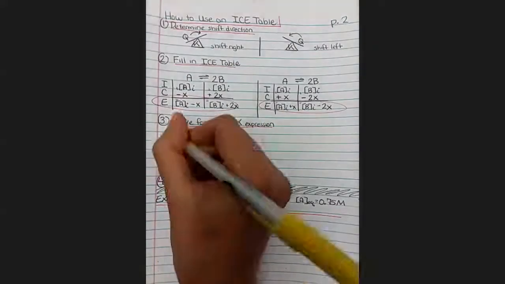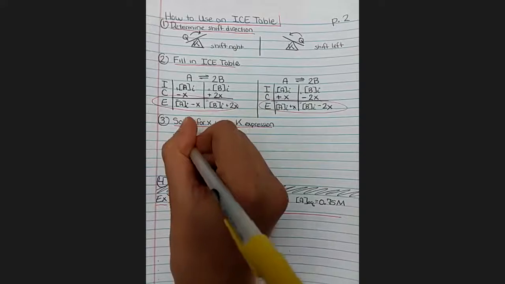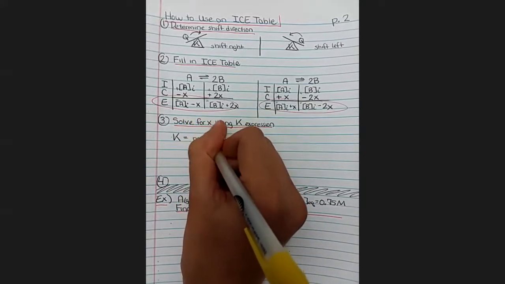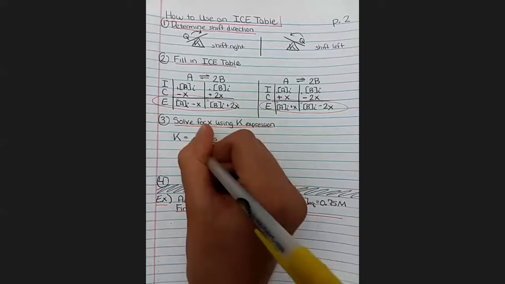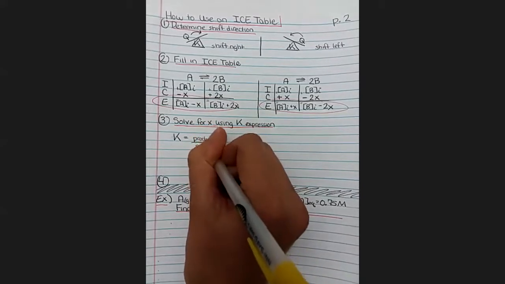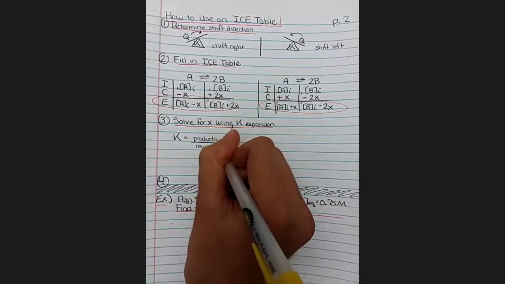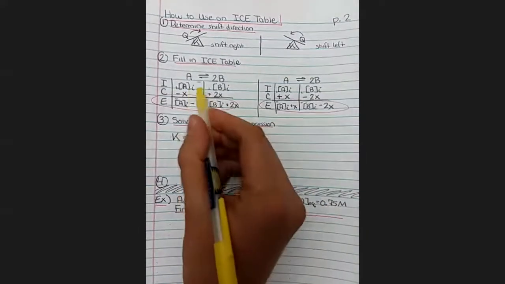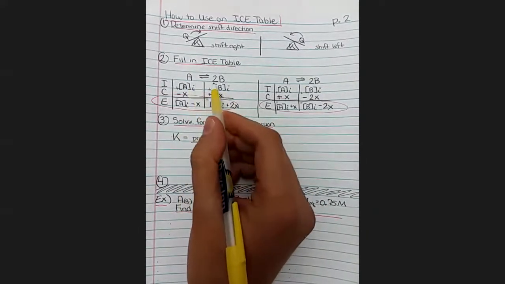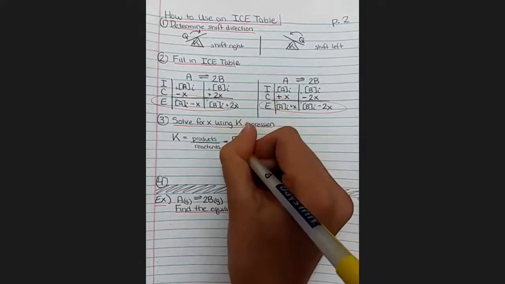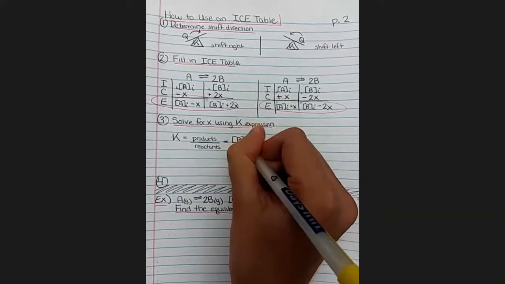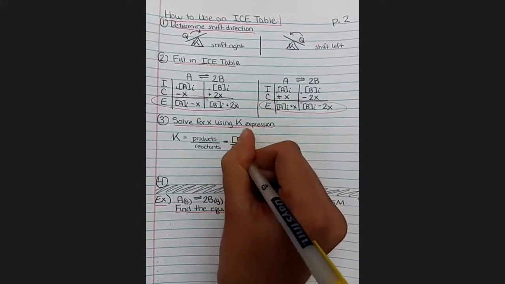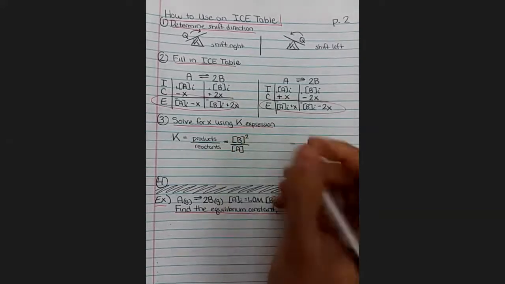Okay, so let's remember the formula that we use for K, and it is products over reactants. And the rules are that we include the coefficients as superscripts, and we don't include pure liquids and solids. So for this reaction, if we wanted to write a K equilibrium constant for this, it would be B to the second power because of that coefficient over A to the first.